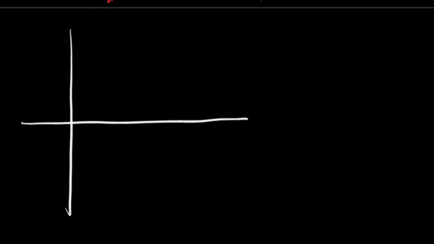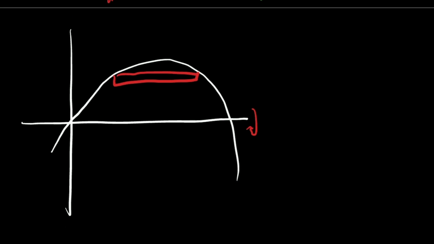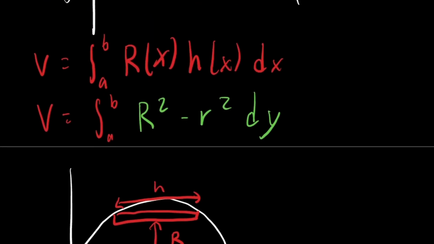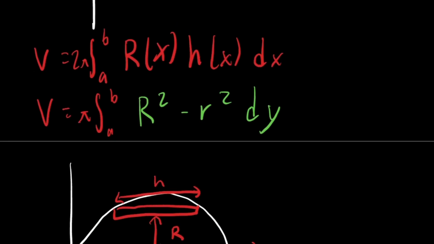So to continue the example, if we have the same graph and we want to rotate it about the x-axis, our rectangle would be drawn like this. And our h would be this, and this would be our r. So in this case, the function would be 2 pi times the integral, oh, sorry, I forgot the 2 pi here. Pi there, 2 pi on the shell method.